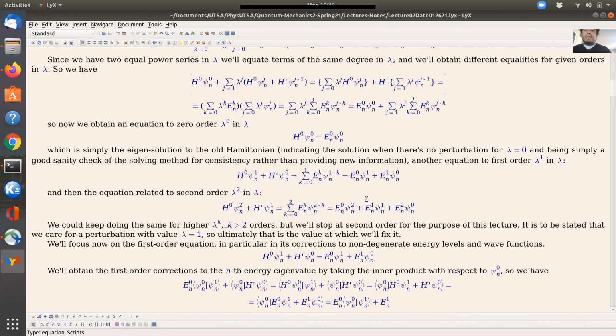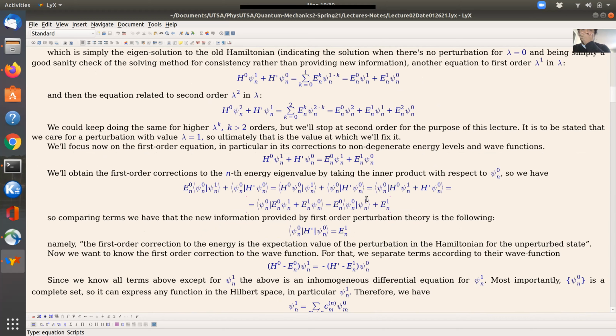We'll get first the first order corrections to the energies. So how will we do that? So to obtain the first order corrections to the nth energy level or eigenvalue, we just have to take inner product with respect to psi 0n. So let's do that, right?